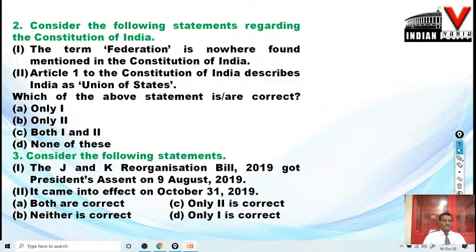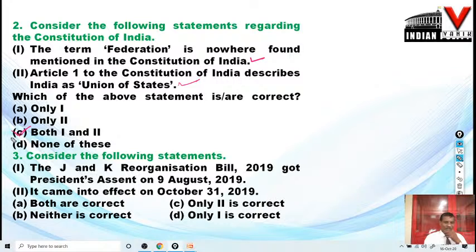The term federation is nowhere mentioned in the Constitution of India. That is right, because the word federation is not mentioned in the Constitution. India is described as a union of states. So both are correct. Your answer is C.